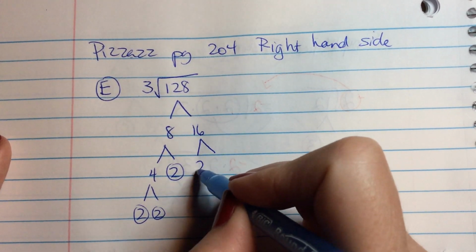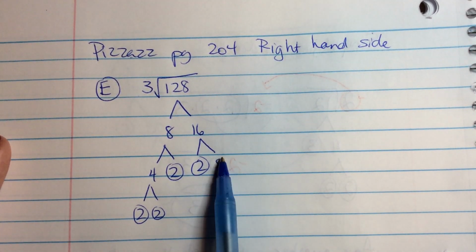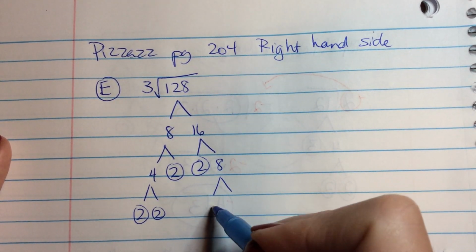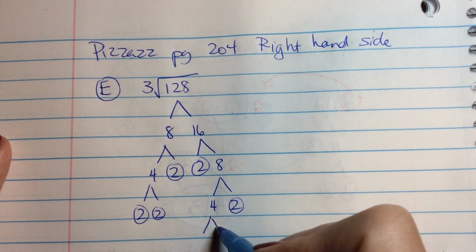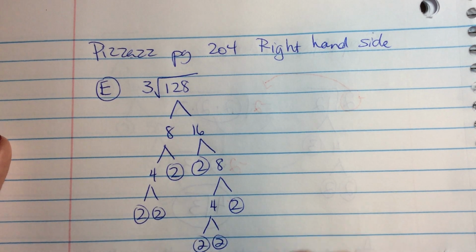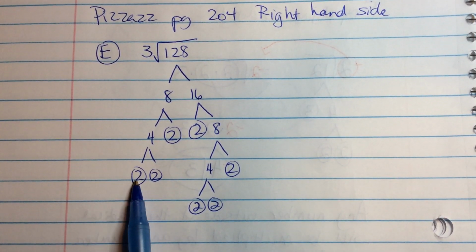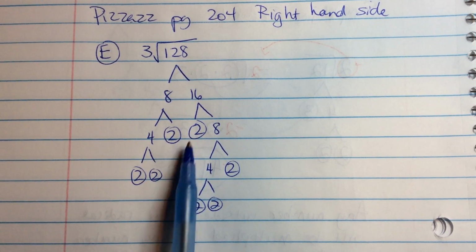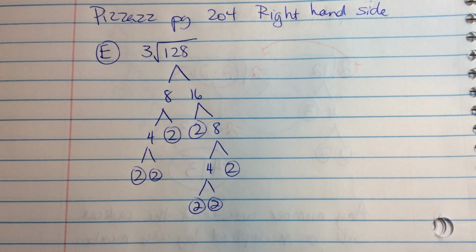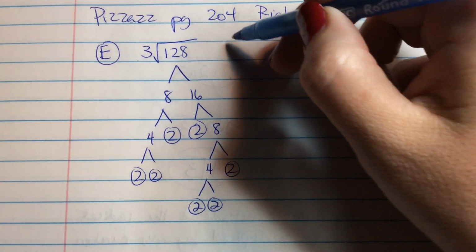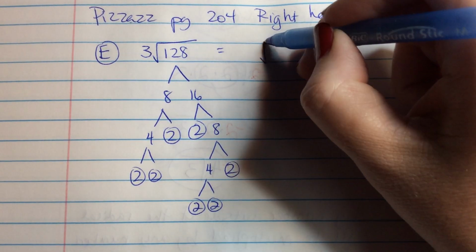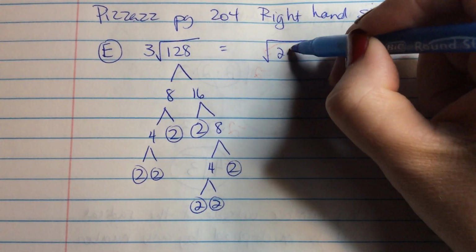16 will be very similar because it also has an 8 in it. And we are going to get a lot of 2s. Let's count them. We have 1, 2, 3, 4, 5, 6, 7. Wow, we have a lot of 2s. So I'm going to put that in my calculator just to make sure that I am right.